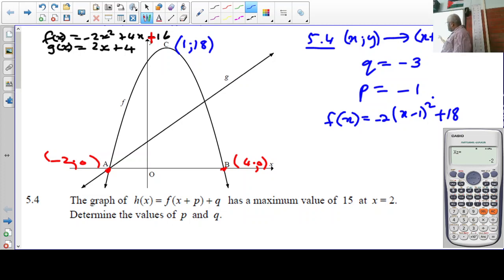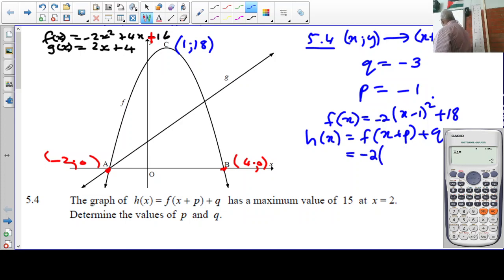So if I take this into account here, you see h of x equals f of x plus p plus q. Okay? So what did we say? The graph is shifting 1 unit to the right. So I must minus 1 on the x. Wherever I see an x, I put a negative 1.